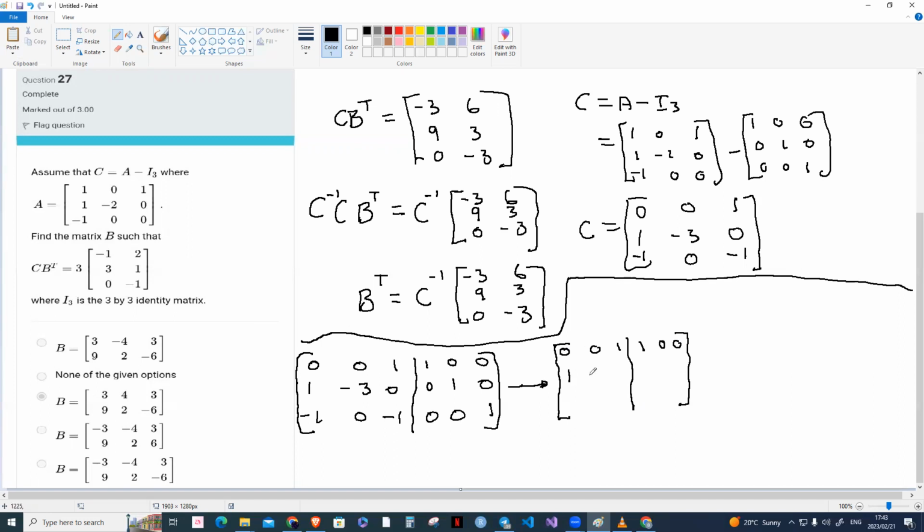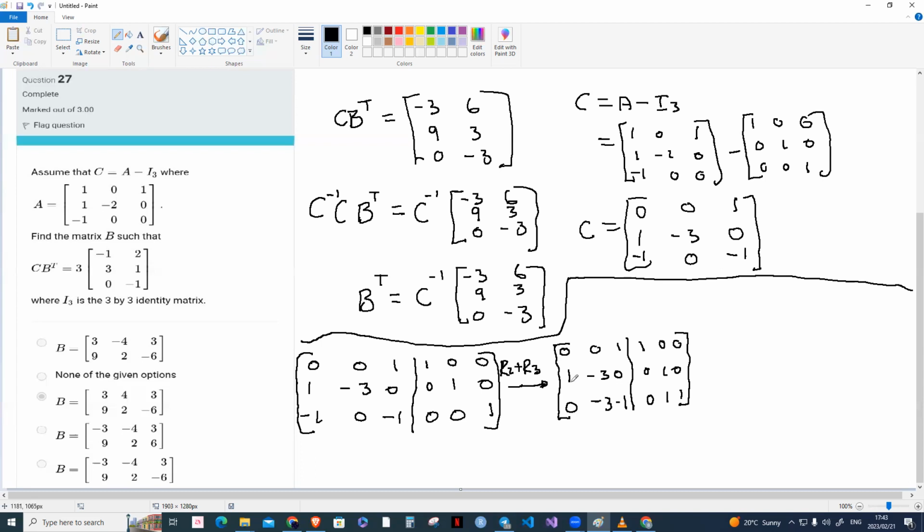That's gonna be 1, minus 3, 0, 0, 1, 0. Then this is 0 minus 3 plus 0, that's minus 3. This is minus 1, 0 plus 0, 0, 0 plus 1 is 1, 1 plus 0, that's 1. I added R2 here. That's R3.